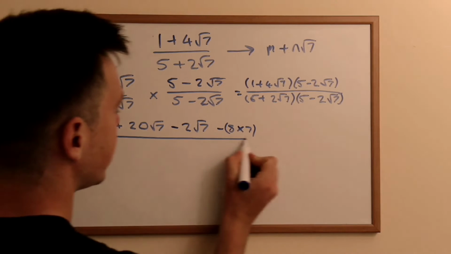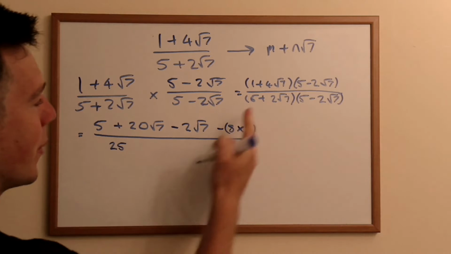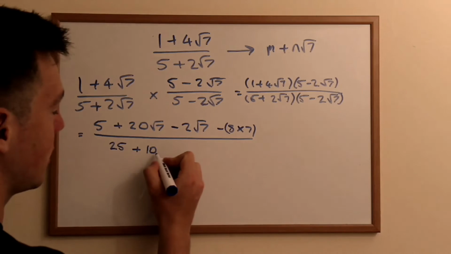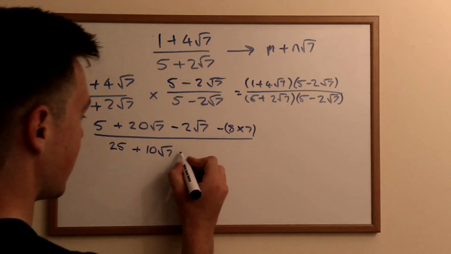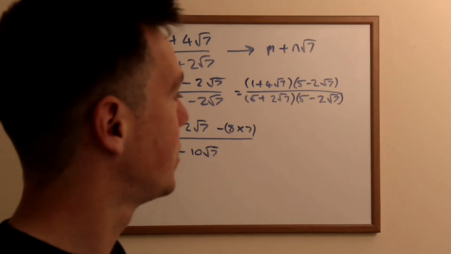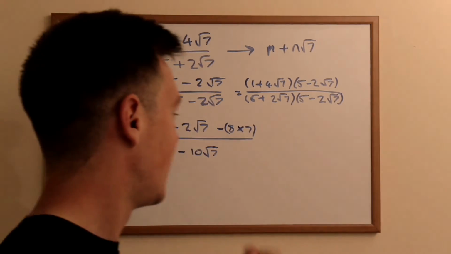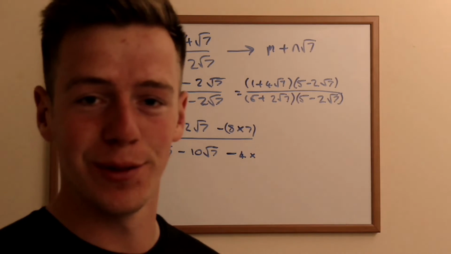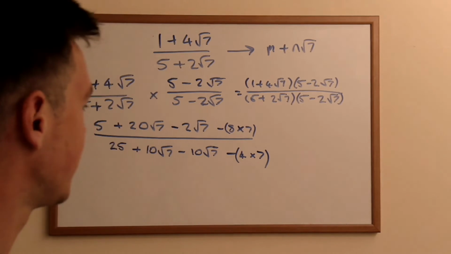Now we've got all of this over 5 times 5, 25, and we've got 2 root 7 times 5, that's going to be 10 lots of root 7, and then you've got 5 lots of negative 2 root 7, so that's minus 10 root 7, and then you've got 2 root 7 times negative 2 root 7, so that is negative 4 times, and what's root 7 times root 7? We know that's 7, so we put those in brackets as well.